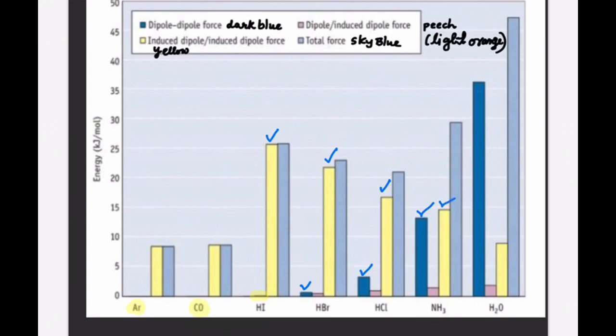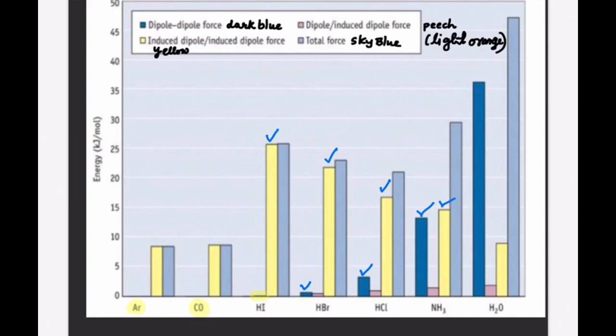So in the case of ammonia, the contribution coming from induced dipole is greater than the contribution coming from dipole-dipole. So we should also learn that if I am saying that a molecule is polar in nature, that polar molecule has dipole interaction as well as induced dipole attraction. And sometimes in a polar molecule, the contribution of induced dipole is greater than the contribution of dipole-dipole.